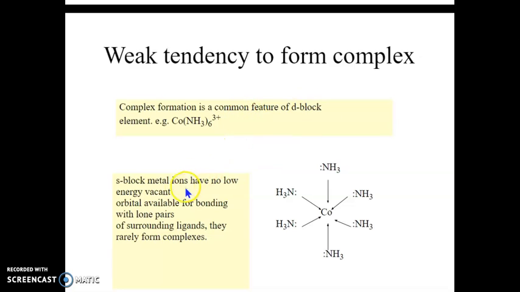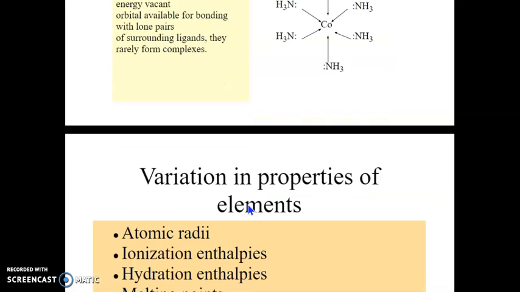Some of the s block metal ions have no low energy vacant orbitals available for bonding with the lone pairs of surrounding ligands such as ammonia. They rarely form complexes, showing only a weak tendency to form complexes with ligands.